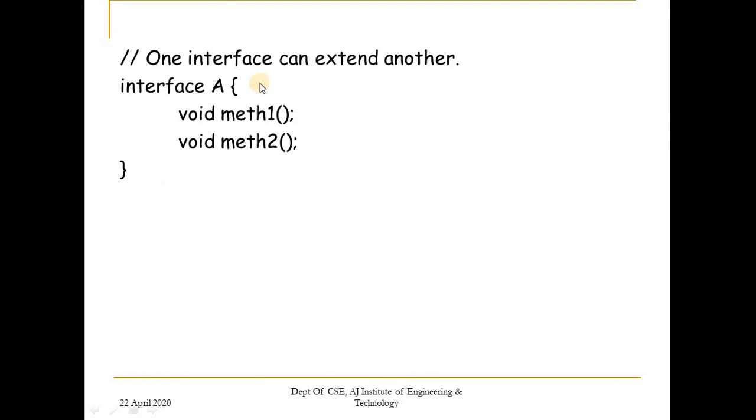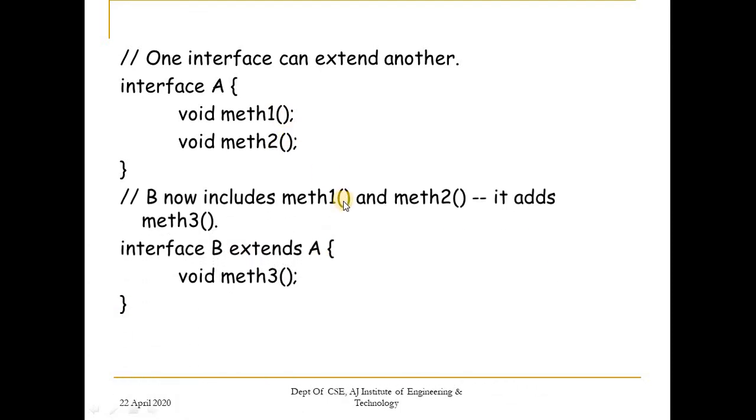See here, we have this interface A with two methods, meth1 and meth2. We have one more interface B which extends A. So B is inherited from the interface A and it just has one method, that is meth3.